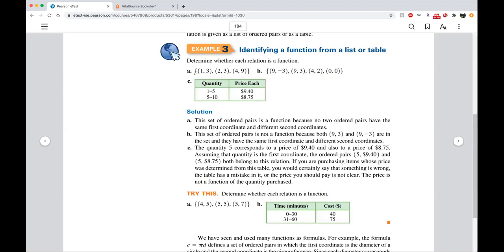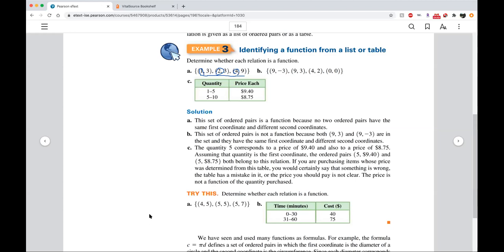So we try to find ordered pairs having the same first, different second. But see, all three ordered pairs have different first coordinates: 1, and then 2, and then 4. So all three ordered pairs have distinct first coordinates. So A must be a function.